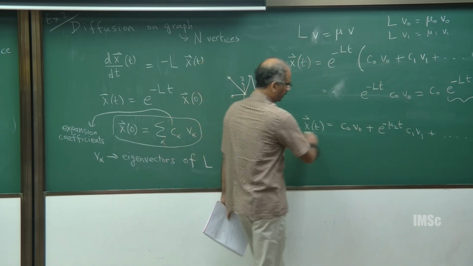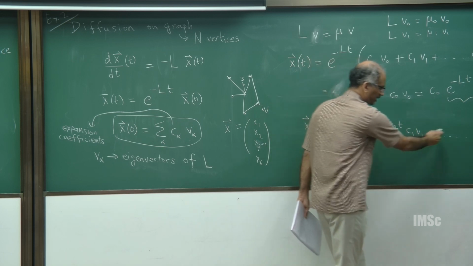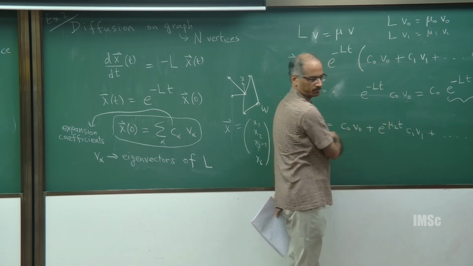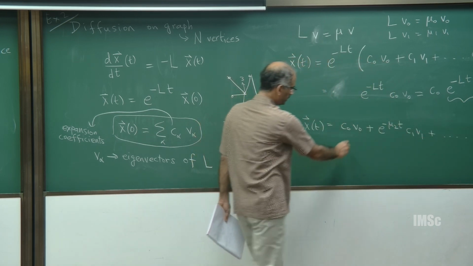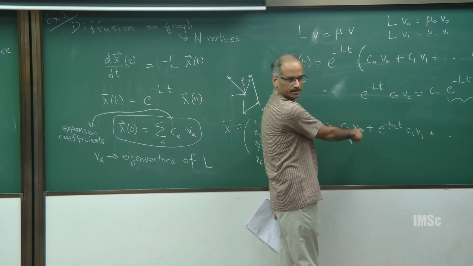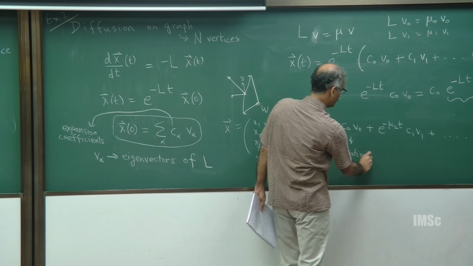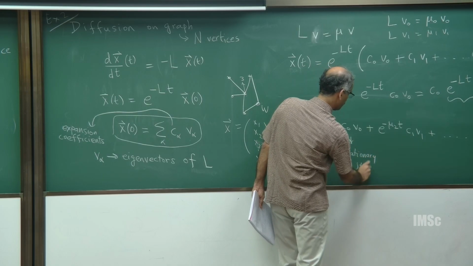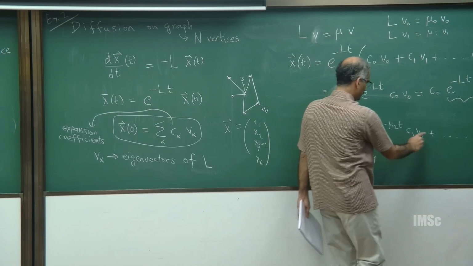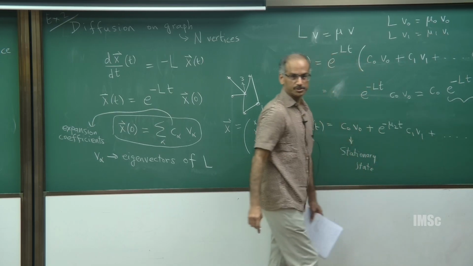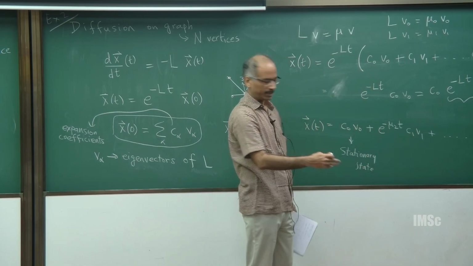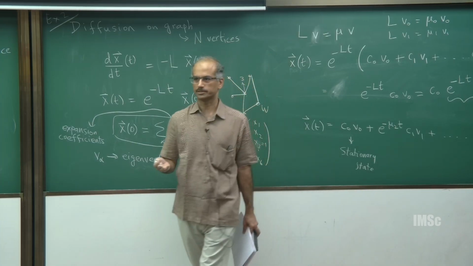Okay, so now we have this one, so you can keep doing this, but let's just keep these two terms. Now this one is actually time independent, it's some stationary state. And this one tells you at what rate you are reaching this stationary state.